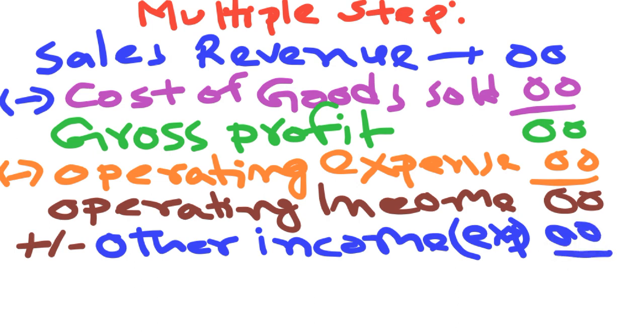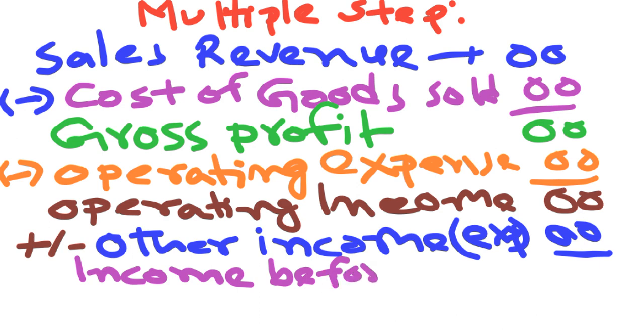After adding or subtracting the net of other income or expense, we now have income before income tax. I am writing it as income before income tax, IT.